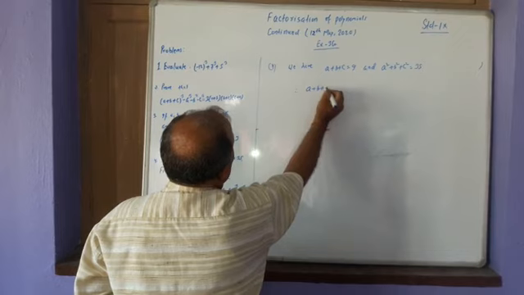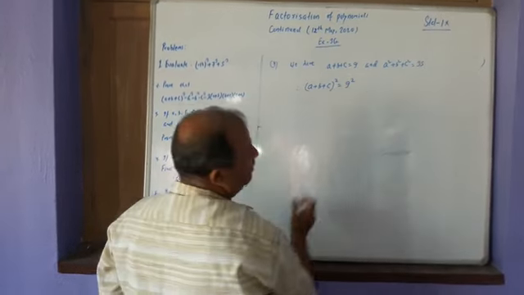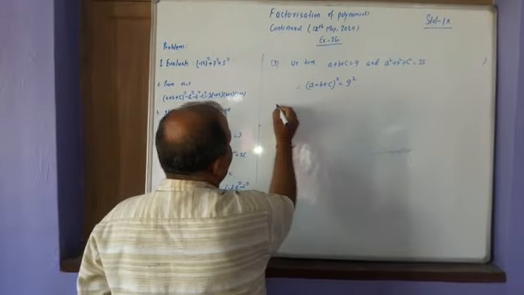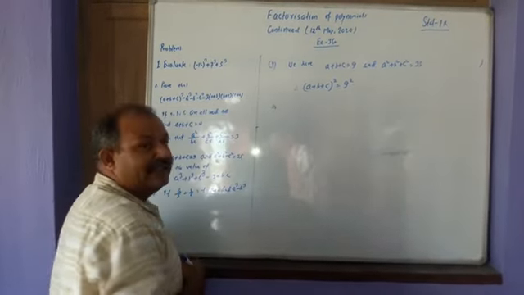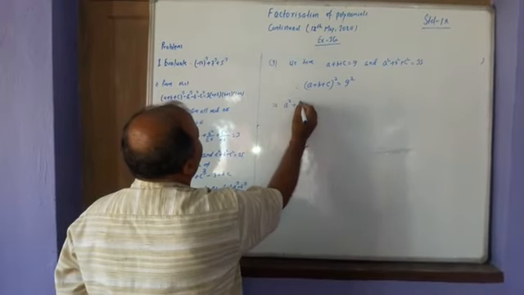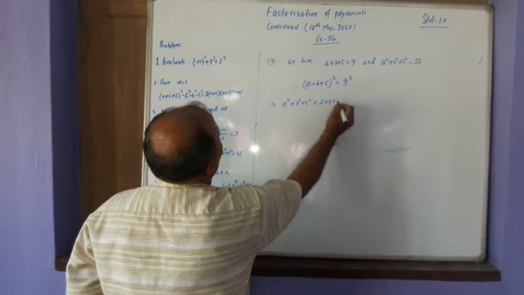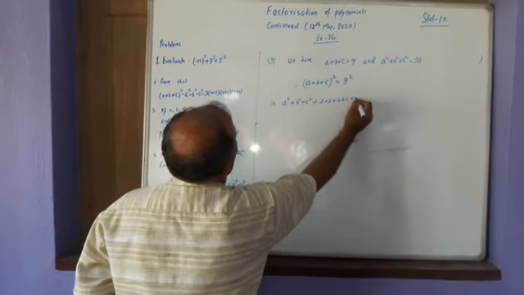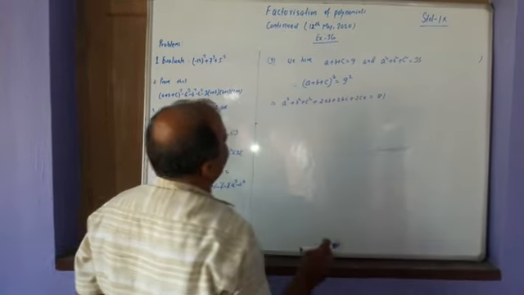Therefore, the square of A plus B plus C is equal to 9 square. And we have already learnt about this identity. It will give A square plus B square plus C square plus 2AB plus 2BC plus 2CA is equal to 81.